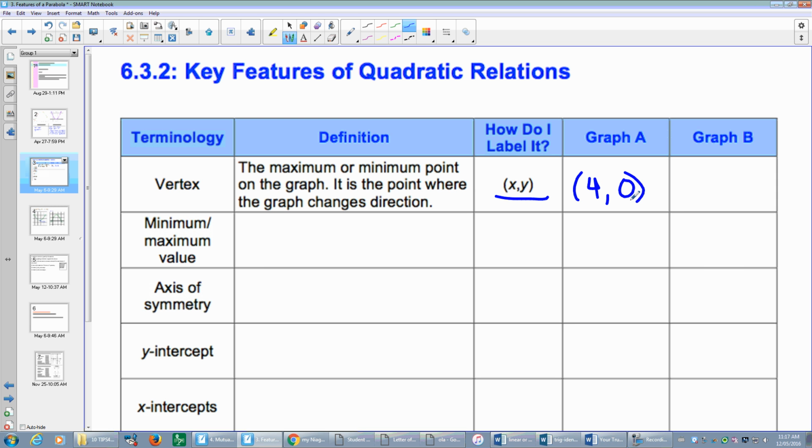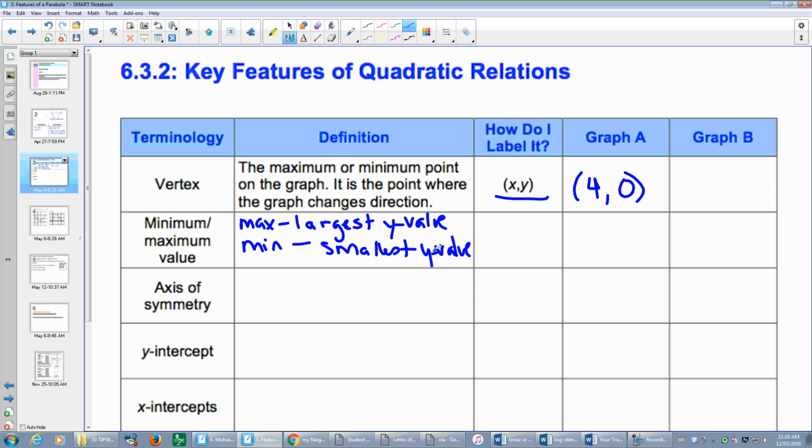So the maximum is the largest y value, and your minimum is your smallest y value. You will only have a maximum or a minimum. You can never have both.